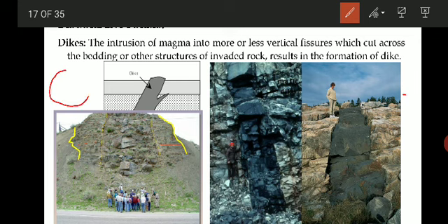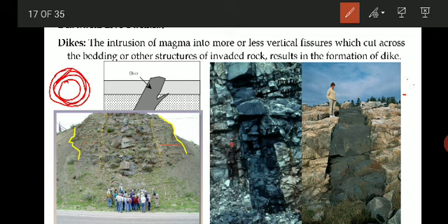It looks like a closed ring. This is a dike which has intruded into the rock, but it looks like a ring or circular outcrop when you see from the top. That is called the ring dike.